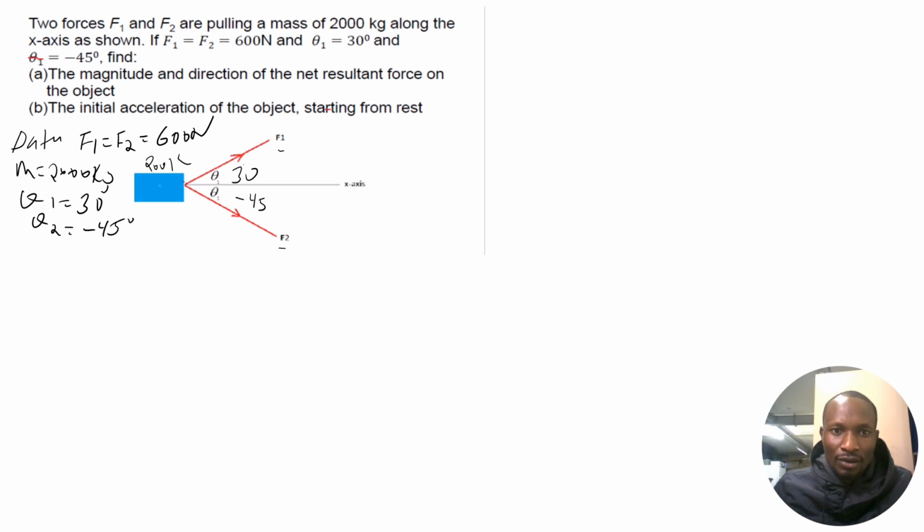Now for us to proceed, I'll divide this part so that we can have space. The first thing that we need to do is to write these forces in their components. Because of the angle each force makes, it means that it has an x component and y component.